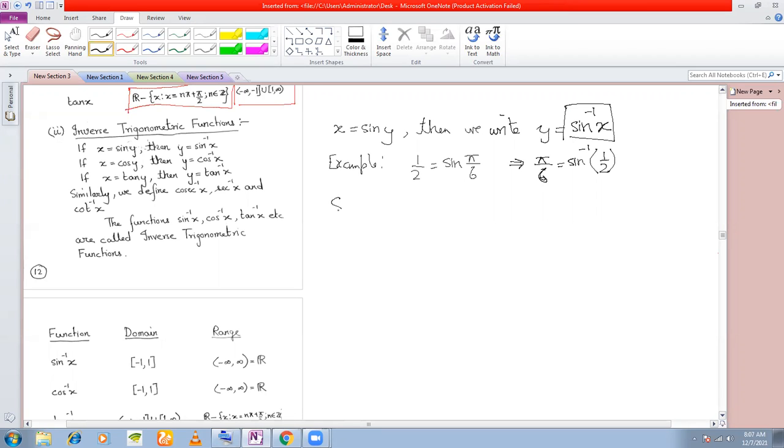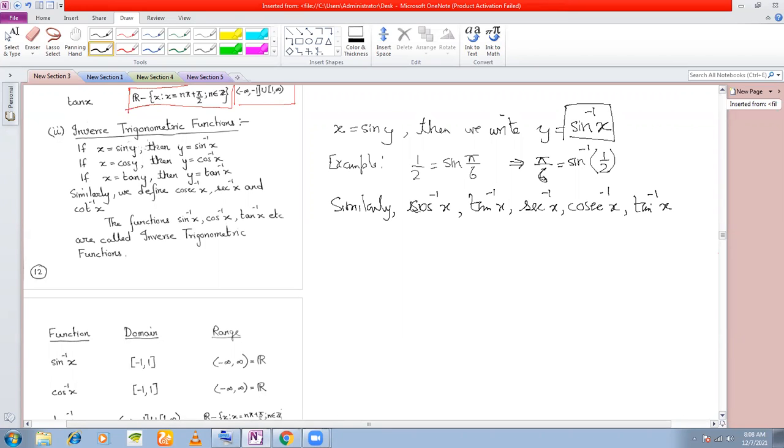So similarly, you can have cos inverse x, tan inverse x, sec inverse x, cosec inverse x, and cot inverse x. Okay. All these are inverse trigonometric functions.